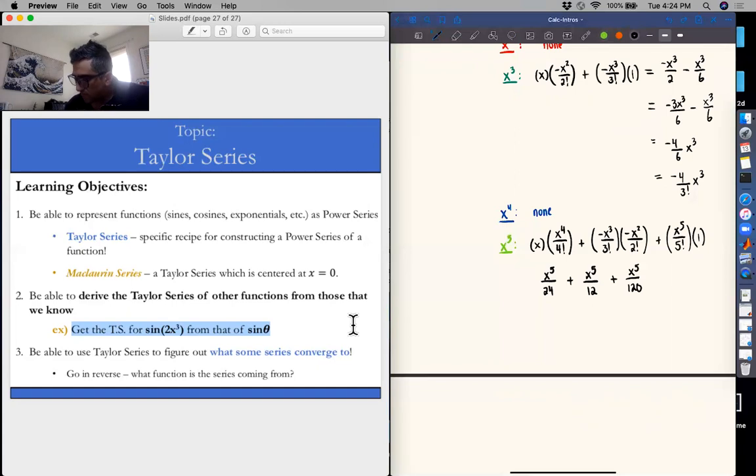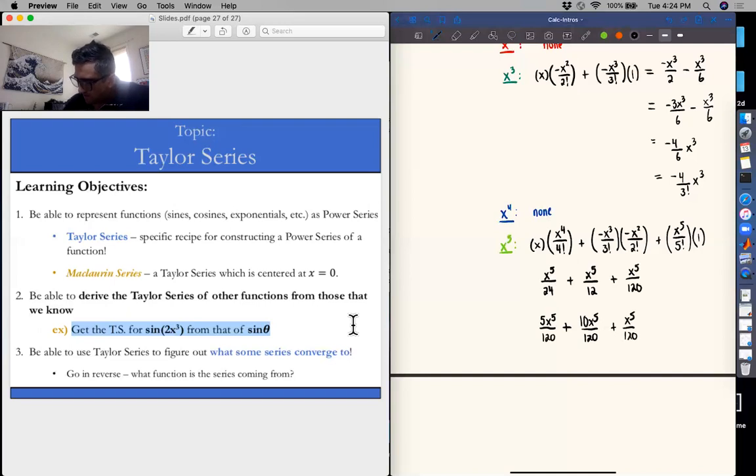So we can multiply this first series by a 5 over 5. So we get 5x to the 5th all over 120. We can get in that second term, multiplying it by 10 over 10. So we get a 10x to the 5th all over 120. And then finally, that last term, we have just plus x to the 5th over 120.